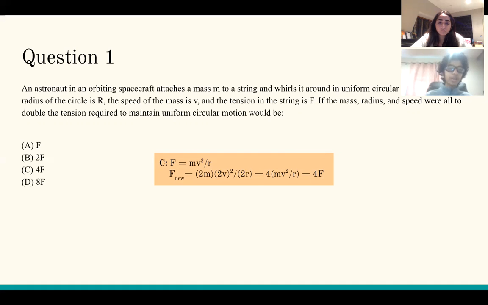So we have 2m times 2v whole squared over 2r. And 2v whole squared is actually 4v squared. So the whole thing will become 8mv squared over 2r, which is 4mv squared over r, which is equal to 4F. So we'd have to quadruple the tension force to keep uniform circular motion.